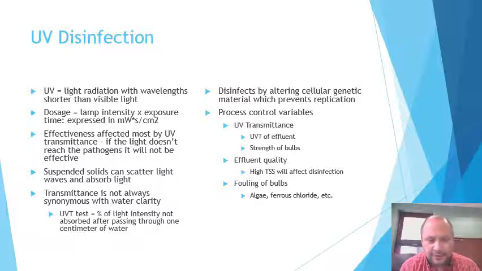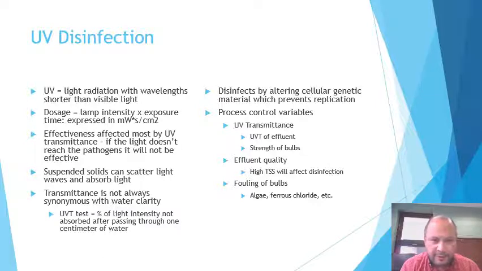There's a sensor that senses lamp intensity, and then, of course, flow in million gallons per day, which it converts to how much detention time that flow has going past the bulbs. Then it will ramp the lights up and down to meet the dosage that the system is set up for, to make sure that we get adequate kill.